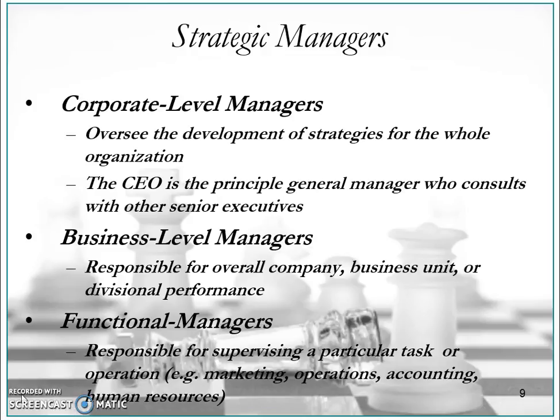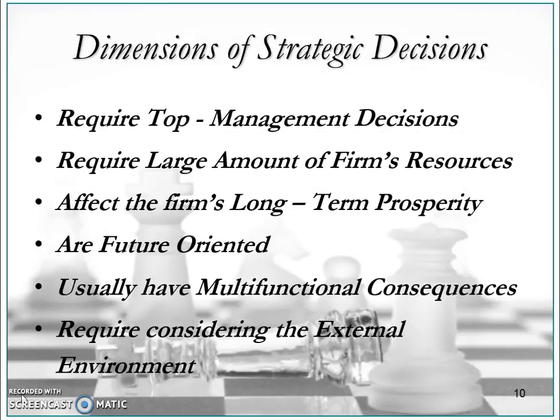Now, continuing with the aspects of strategic management, let's look at some of the dimensions which have been attributed to strategic decision making. First, it requires top management decisions. As we just saw, there are levels, and we need to look at the corporate level, business level, and then the functional level. Then it requires a large amount of the firm's resources, because whatever strategic decision we are taking is not only going to affect one or two departments, it is going to affect the whole organization.